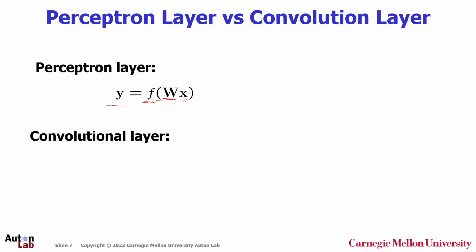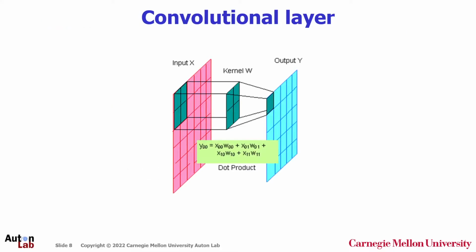The convolutional layer is very similar, but instead of using a matrix multiplication, the input X is convolved with the convolutional kernel W, and then we apply a nonlinear activation function on the result of this. Here you can see the convolution in practice. Let the convolutional kernel W be a 2 by 2 matrix. For a given input matrix X, this is how we calculate the output matrix Y, that is the result of the convolution.